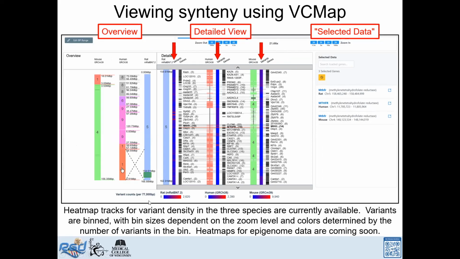So in this case, the bins are 77,000 base pairs, and the color is determined by the number of variants in the bin, going from blue with no variants to red with the maximum number of variants per bin in that species at this zoom level. And similar heat maps for epigenome data are also coming soon.